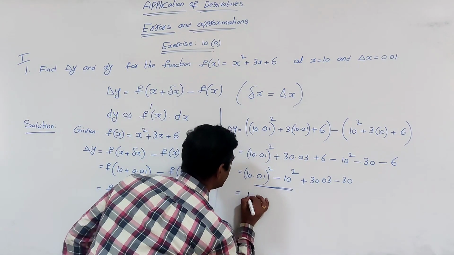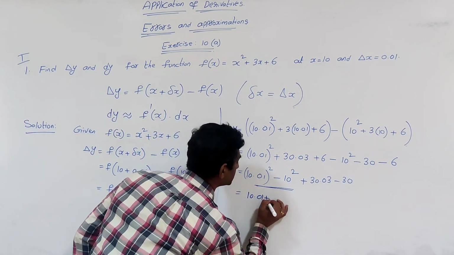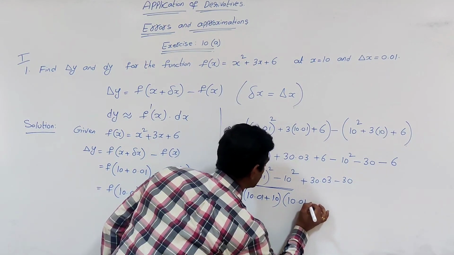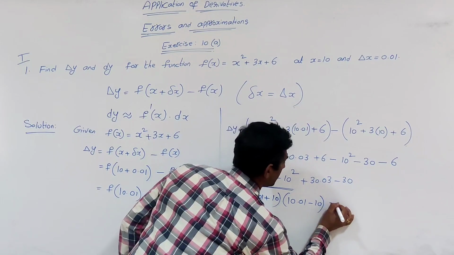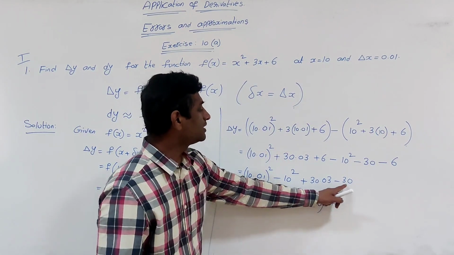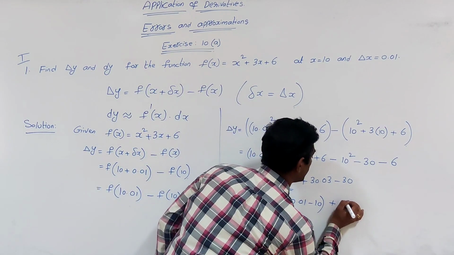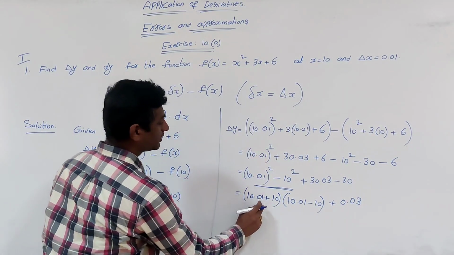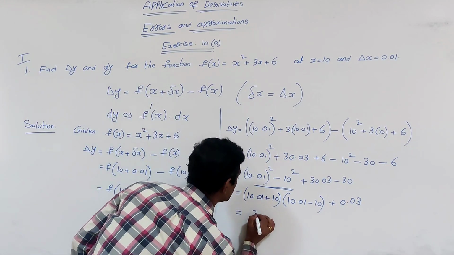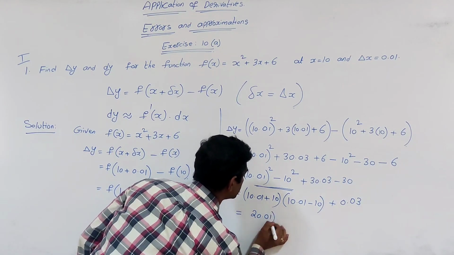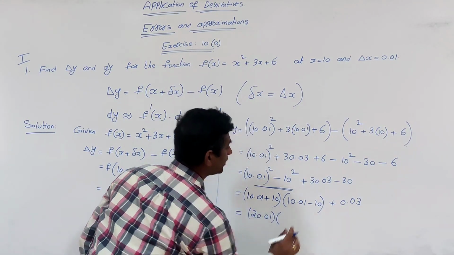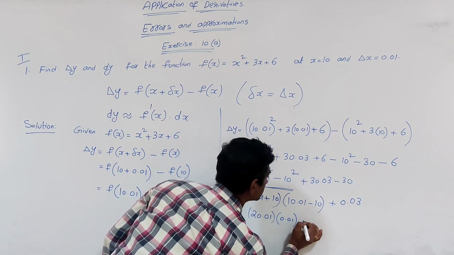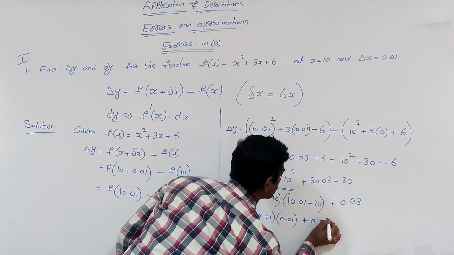So 10.01 plus 10 into 10.01 minus 10, plus 30.03 minus 30 gives 0.03. So 10.01 plus 10 is 20.01, into 10.01 minus 10, that is 0.01, plus 0.03.